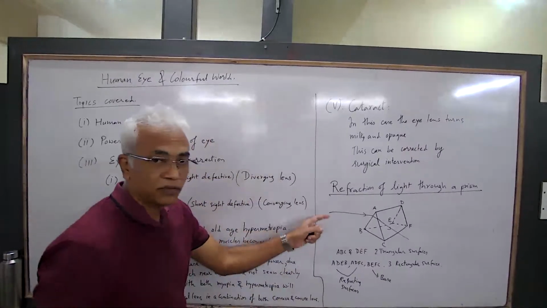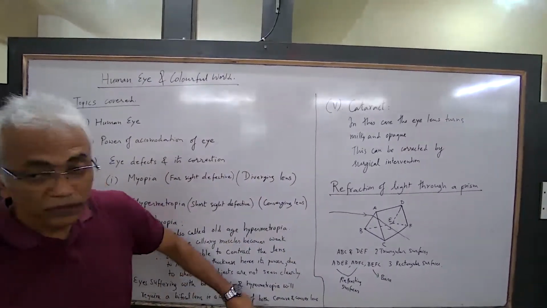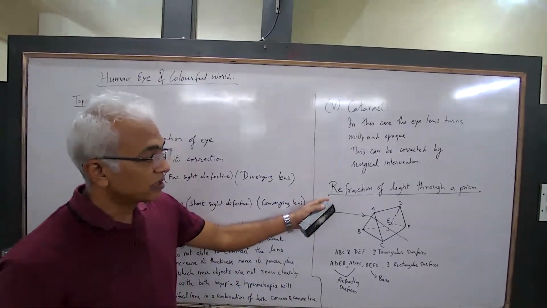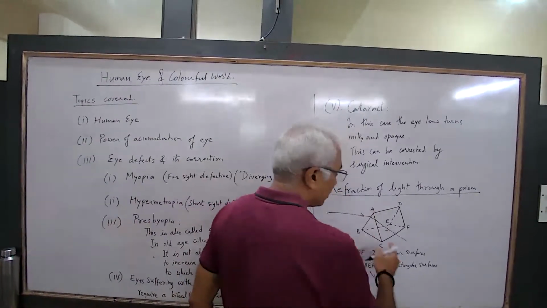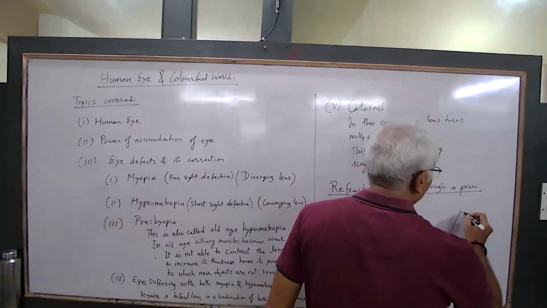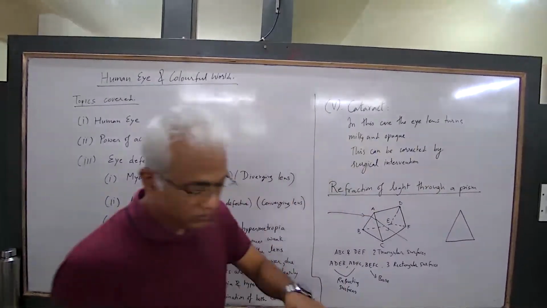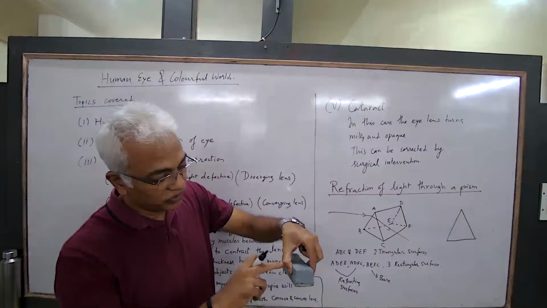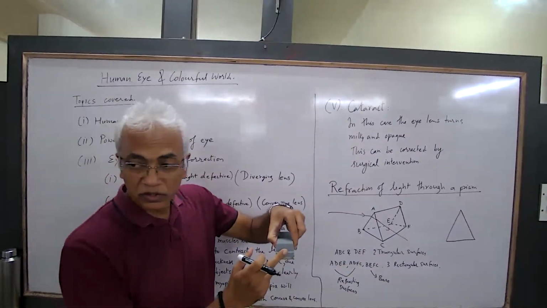Everybody pay attention here. When we discuss refraction of light through a prism, in the ray diagram we only draw ABC, the triangular surface. If it was a triangle, light comes from here and comes out from that side. In the ray diagram we only draw the front surface.